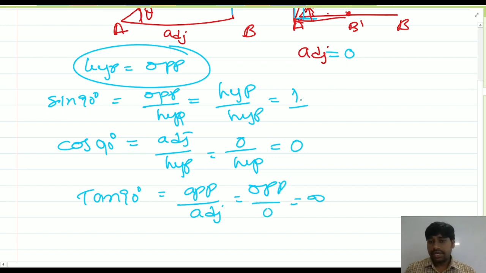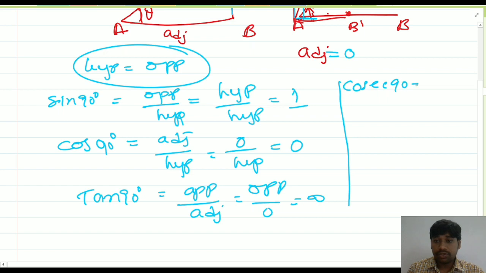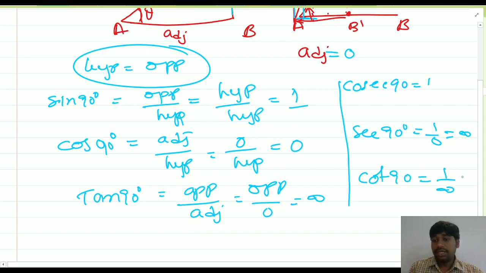The rest of the ratios you can write yourself. Like, sin 90 is 1, so cosec 90 also becomes 1. Sec 90 becomes 1 by 0, not defined, and we can say cot 90 is anything by infinity, which becomes 0. So in this way, we are able to derive the trigonometric ratios with the help of triangles.